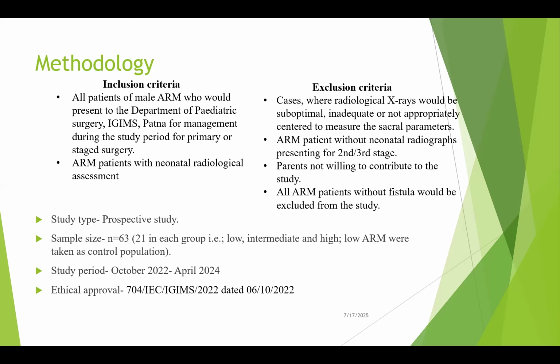So you must be expecting a higher percentage in high type and a low percentage in low type. Yes. Any additional findings in your study, which after your thesis completion you must have noted in these ARM patients, as far as the sacral anomalies are concerned? Just for the knowledge of all the junior people, the residents also.